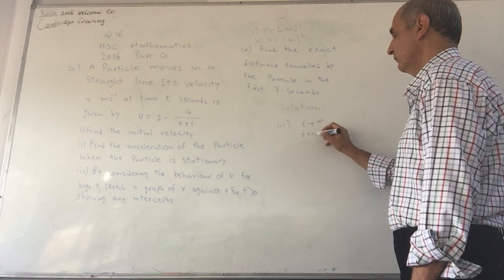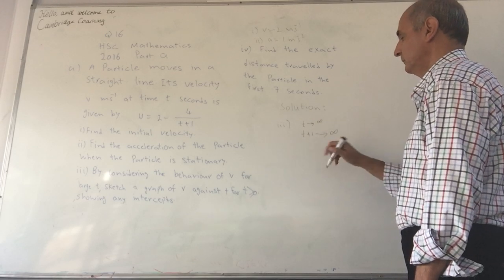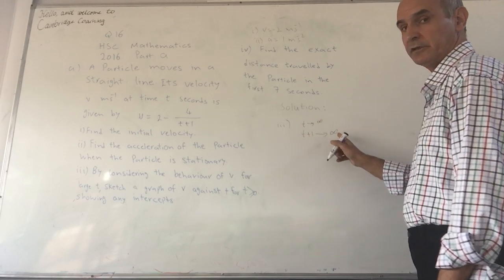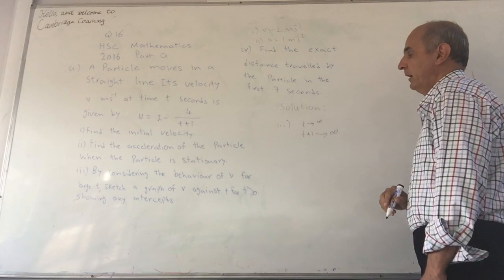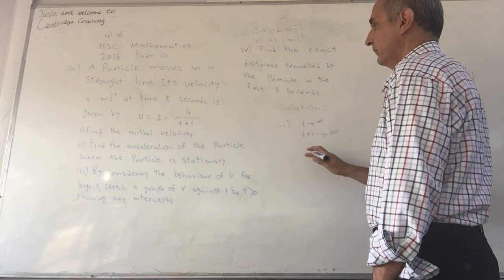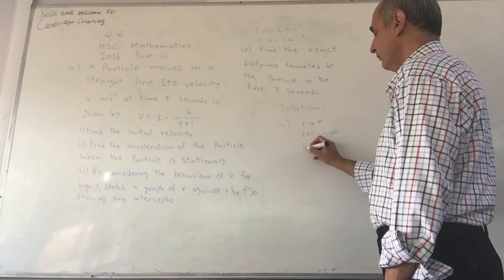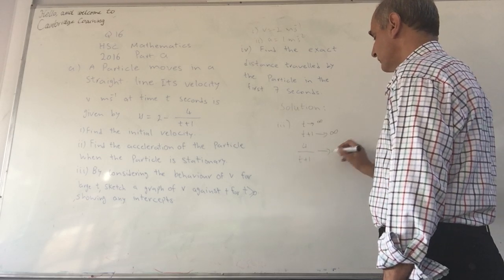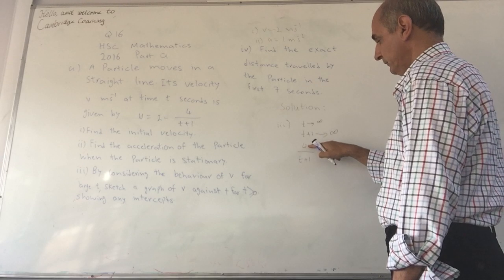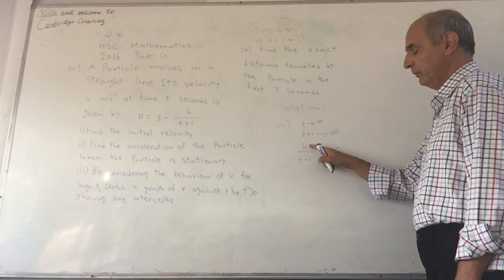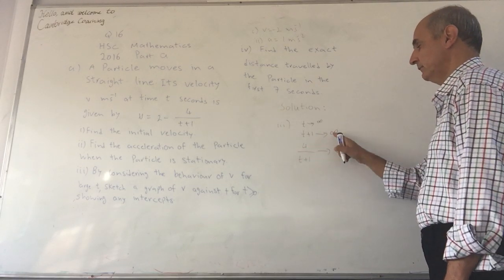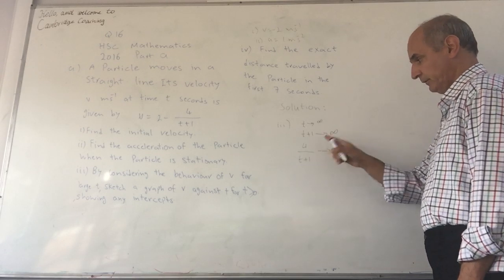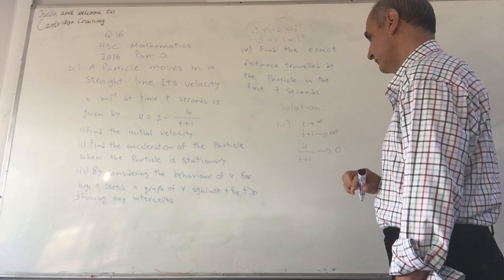t plus 1 also will go to infinity, because infinity plus infinity again is infinity. Alright, so then what will happen? 4 over t plus 1 will go towards 0, because any number divided by infinity will be 0. So that will approach 0.